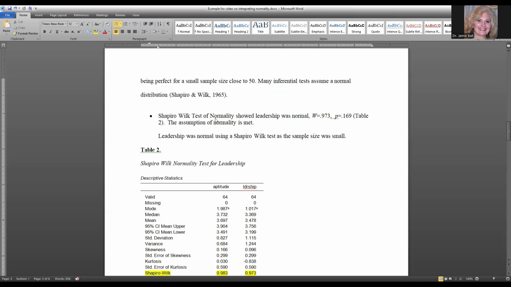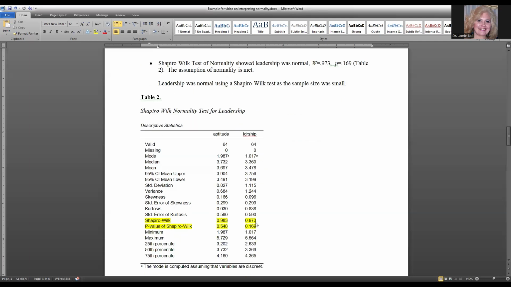So: a Shapiro-Wilk test of normality, there's more than one normality test, so I identify which one I used, showed that leadership was normal, W equals 0.973, P equals 0.169. The assumption of normality is met. Okay.